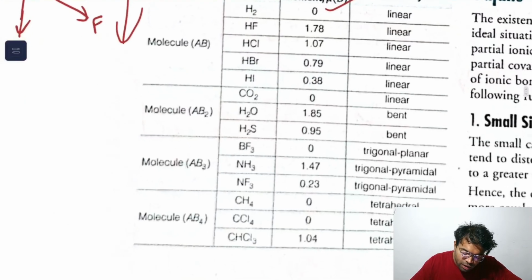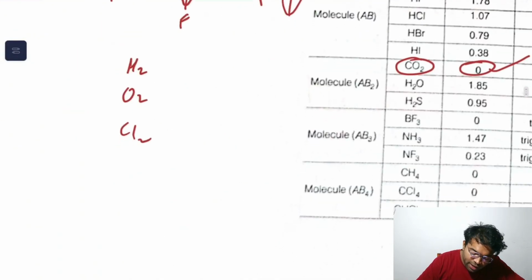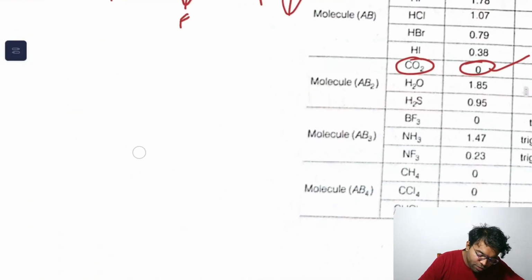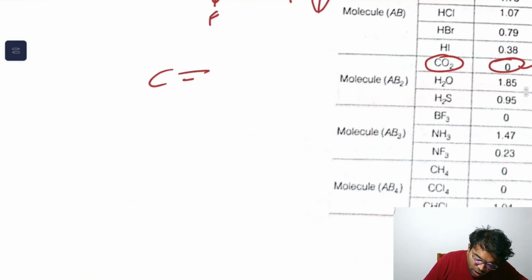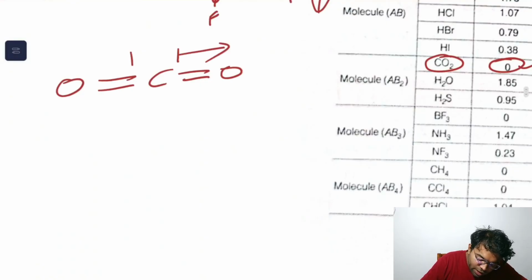In the case of CO2, we have already discussed this. There is no lone pair of electrons. There is movement in the opposite direction. Now look at the diagram of CO2, and I'll explain why it is not polar. You have carbon. You have double bonded oxygen here. You have double bonded oxygen here. The dipole moment is in this direction here. The dipole moment is in this direction here.